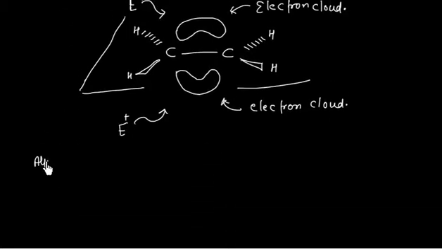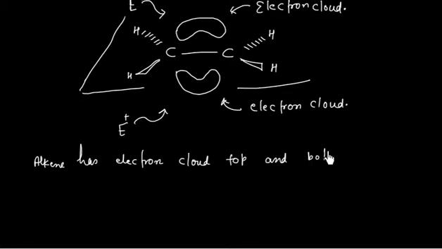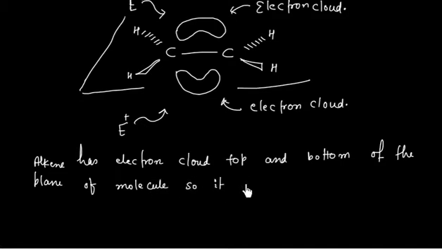Alkene has electron cloud on the top and bottom of the plane of the molecule, so it will act as a nucleophile.